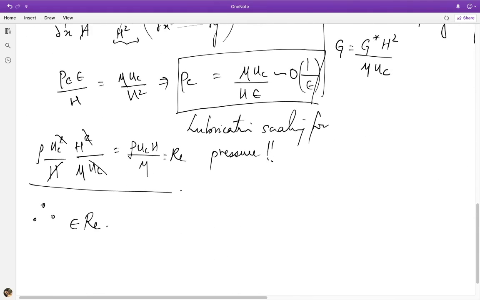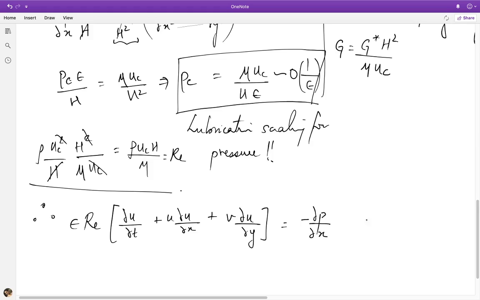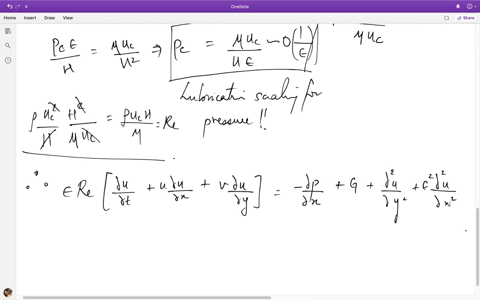I'm going to have epsilon times the Reynolds number, minus dou P by dou X, now fully scaled, plus G, its scaled version, plus dou square U by dou Y square, plus epsilon square dou square U by dou X square. Okay, great. So this is my U momentum equation.